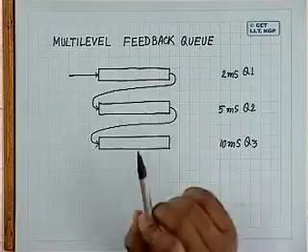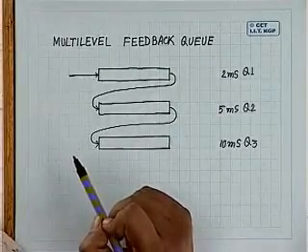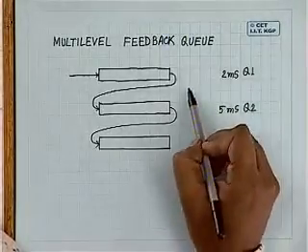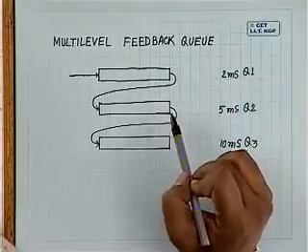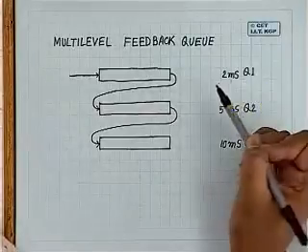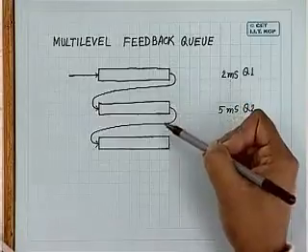So first time when a job enters the system, you push that into the first queue. If the CPU burst time is less than 2 milliseconds, you retain the job in the first queue only. Don't move it. If it is greater than 2 milliseconds, then I know that it is not an IO bound job. I push it downwards gradually depending upon the nature of the job.